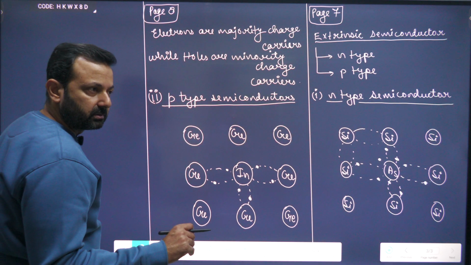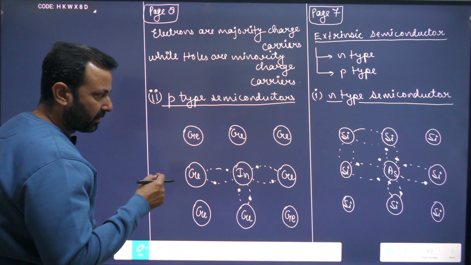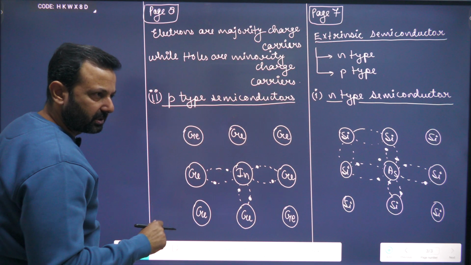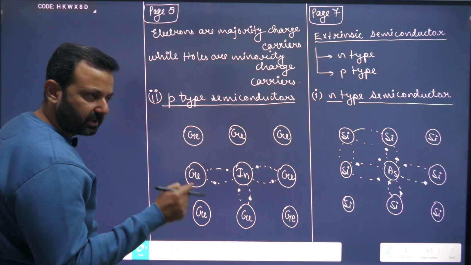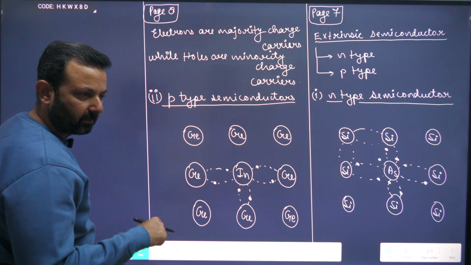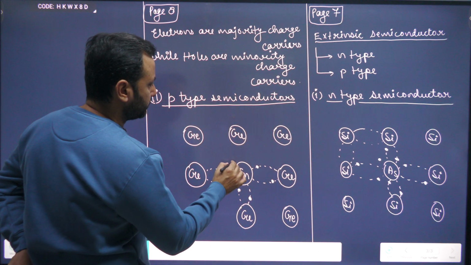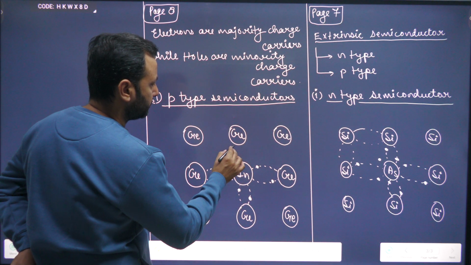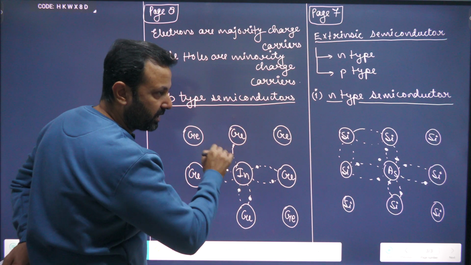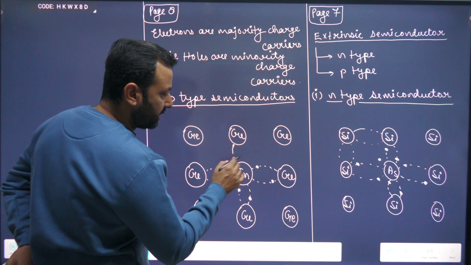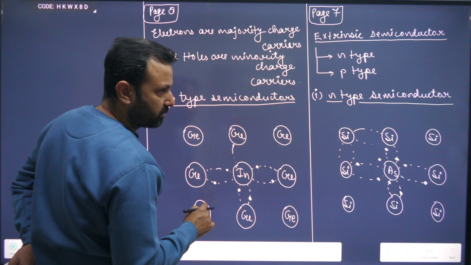But still in the inner shells it has some electrons. So one electron from the inner shell will go to this germanium, but we are not able to locate that, because in the electron dot structure we locate only the outermost electrons.